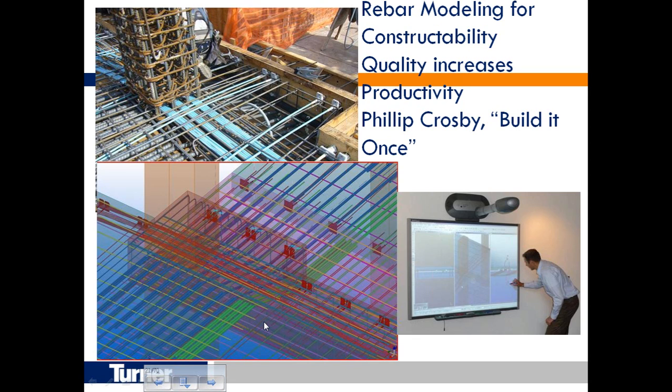It's pre-planning, it's pre-training, as Philip Crosby talked about with his quality metrics. It's build it once. I'd much prefer to model it once as opposed to building it 2 or 3 times.